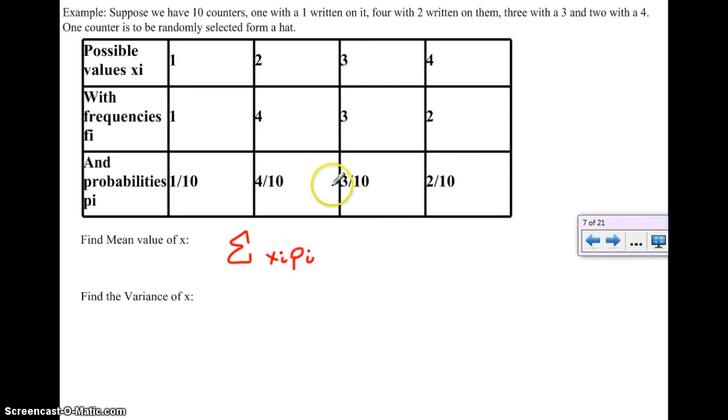We don't have to think about frequency because the probability takes the frequency into account. If you have 4 of the 2's, then your probability is 4 out of the 10 total counters. So even if you're given frequency, it's already included in the probability. So this would literally be your x value, 1 multiplied by the probability 1/10, added to the 2 multiplied by the probability of 4/10, and so on.